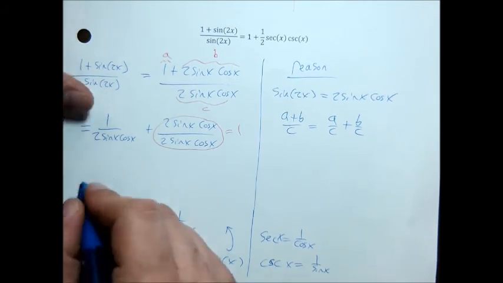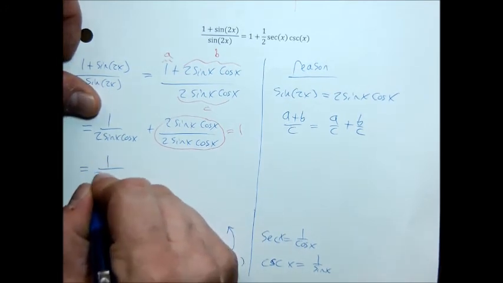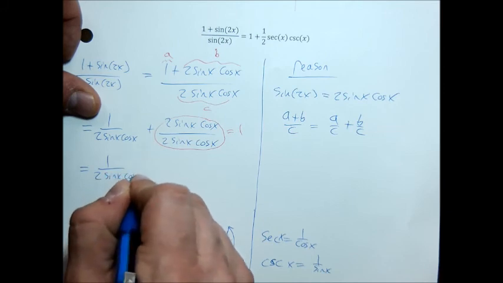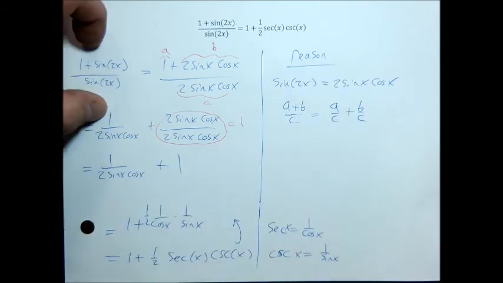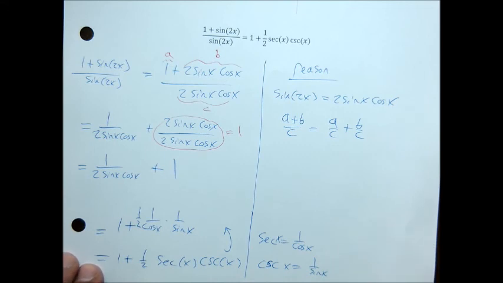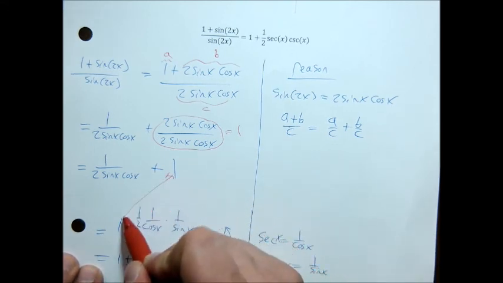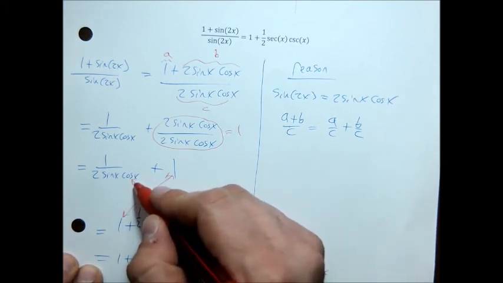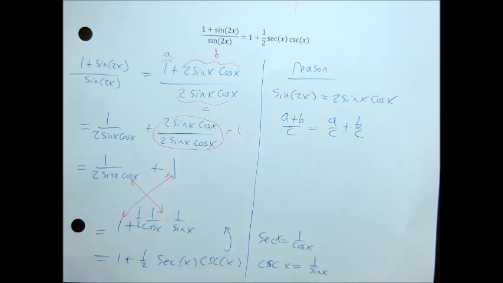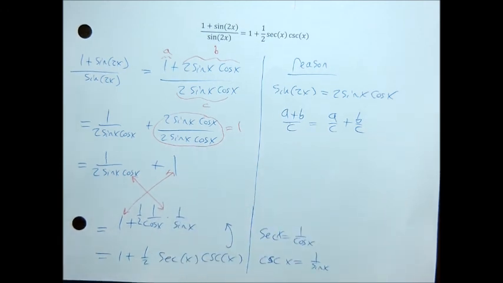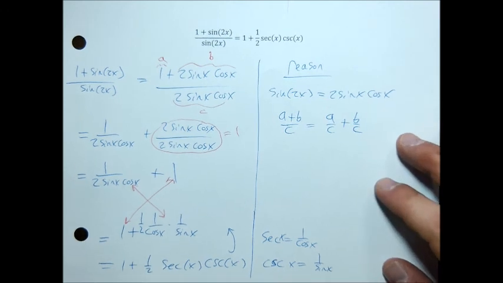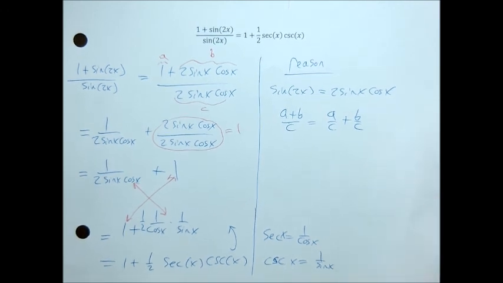And so what we have is 1 over 2 sine cosine plus 1. And we just met in the middle. Here's the 1, and here's the 1 over 2 sine cosine. So we just met right in the middle by working backwards on that one. I think working backwards is a really good approach on that particular problem.